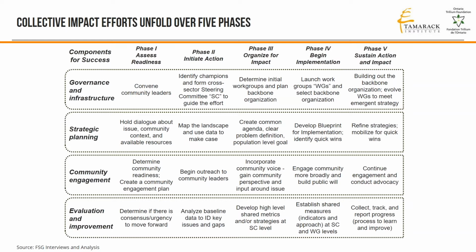The third component for success is around engagement. As we watch collective impact evolve in Canada and the United States, one thing we have noticed is that in Canada we've been pretty strong at identifying the powerful role that citizens can play in growing collective impact initiatives, particularly around poverty, youth suicide prevention and other areas.